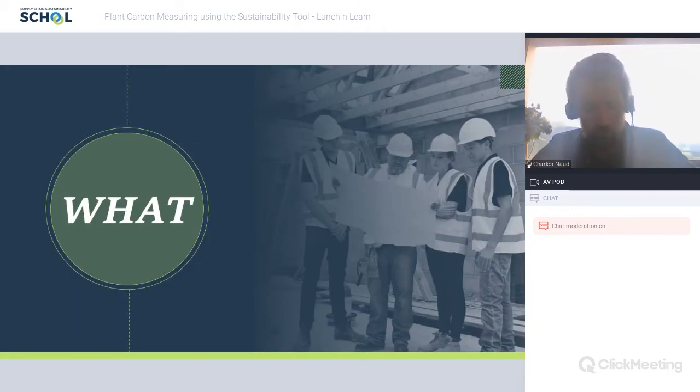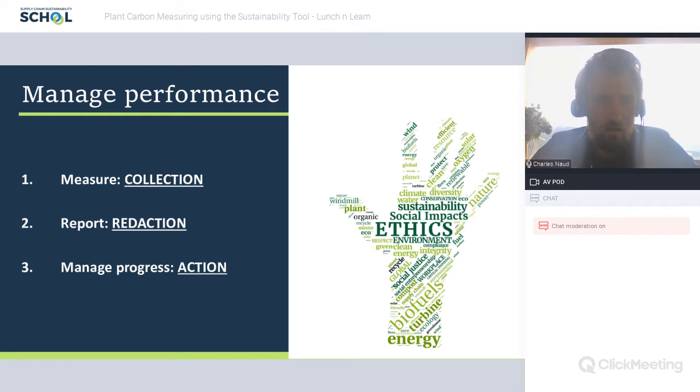So without further ado, what is performance management? There are three key components to efficiently managing performance. The first one is the measurement phase. That's really about the collection or the logging and aggregation of relevant data.